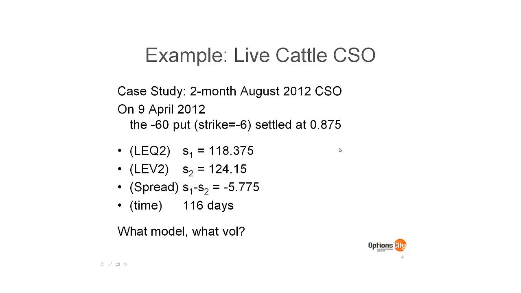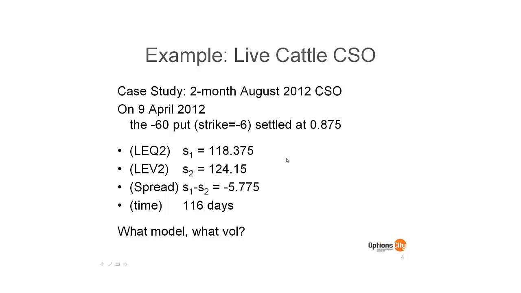All right. So let's take, for the entire presentation, as an example, the 12-month August expiring 2012 calendar spread option. Now, going back to the 9th of April, we had a -6 strike option that settled at 0.875. We had an underlying for the first leg of the contract around 118.